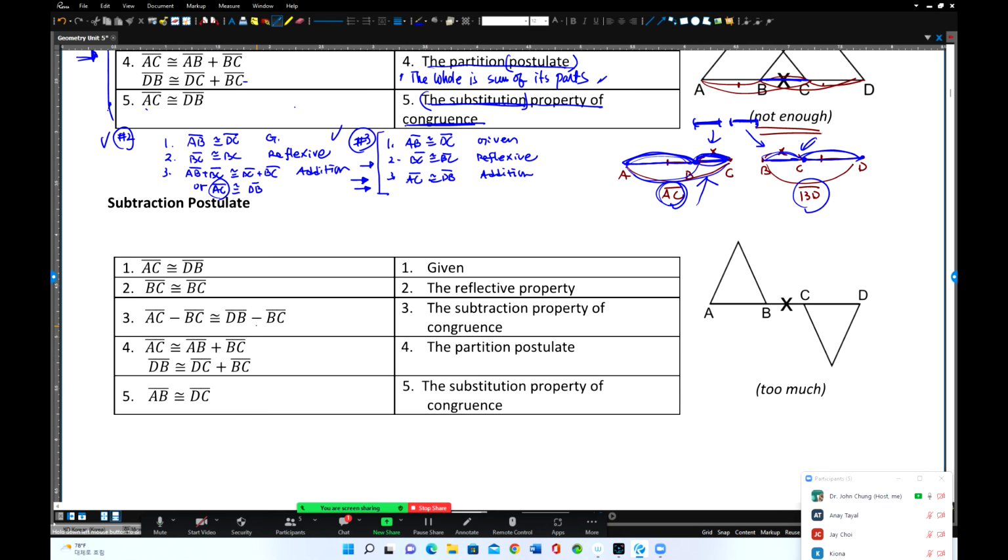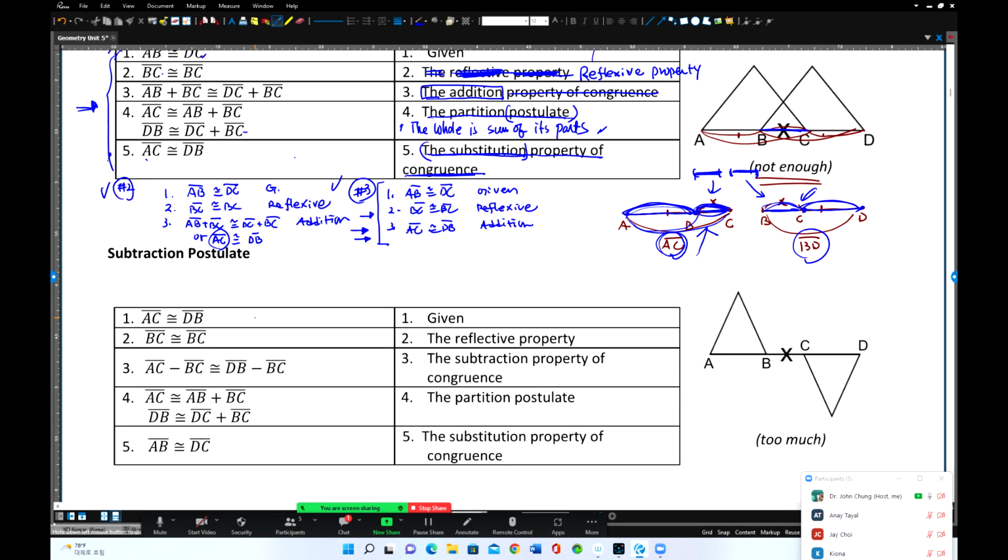Another one, the subtraction postulate. From here, given they are equal, we're going to prove these two sides are congruent. That's why we subtract this one, right? Same length BC, the other side. So this is given, and you also have to say this side BC and the other side BC must be equal, so this is also reflexive.